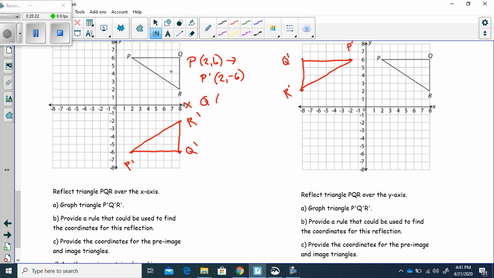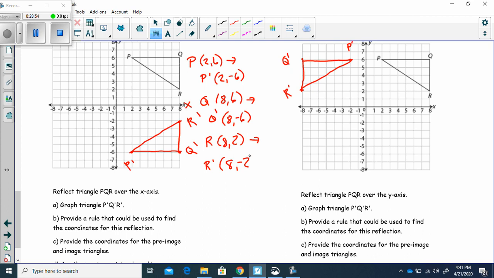Q is at 8, 6. Q prime is at 8, negative 6. And R, let's see, R is at 8, 2. R prime is at 8, negative 2.